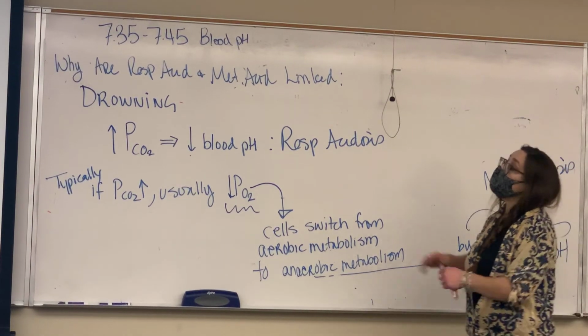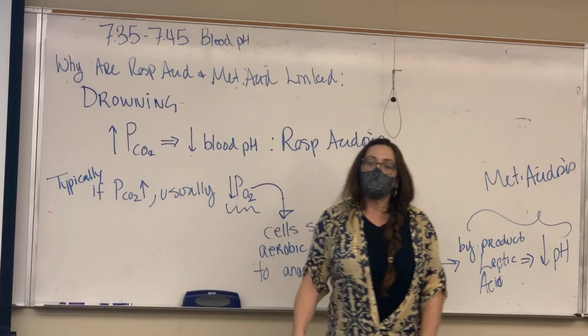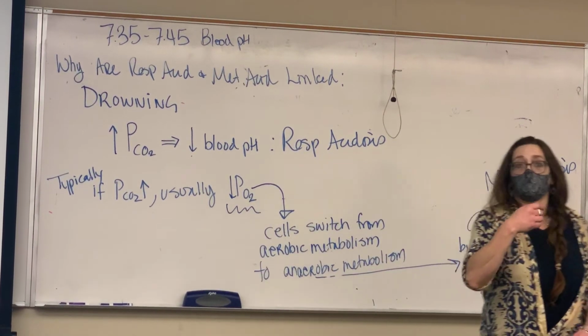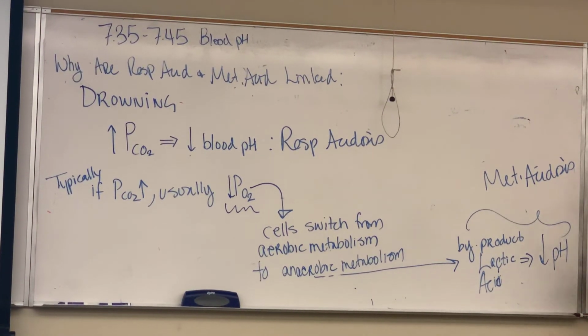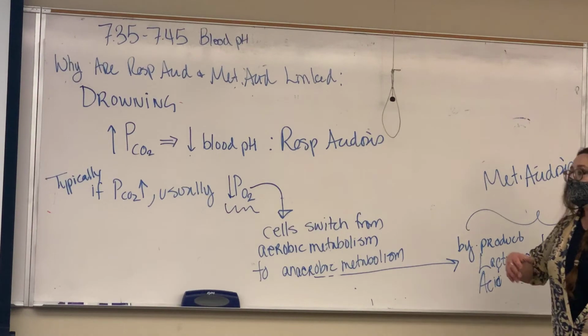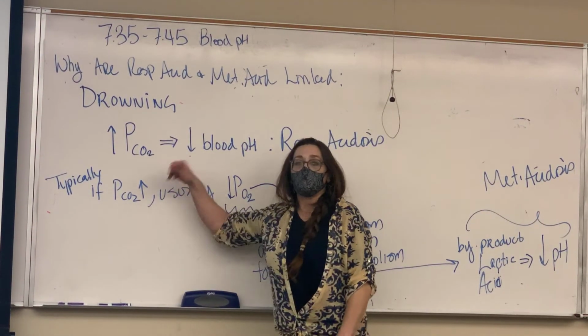Now, to correct for this, if somebody were drowning, the first thing you want to do is obviously yank them out of the water, right? Get them out of the water and get them respiring, either mechanical respiration, whatever, but they need to start breathing to get that CO2 out.